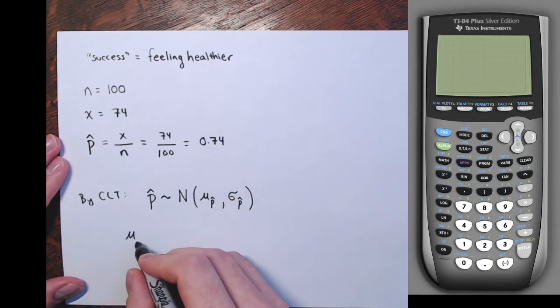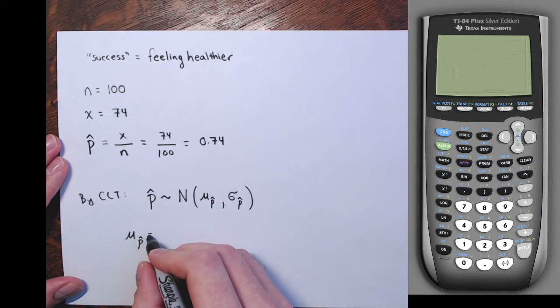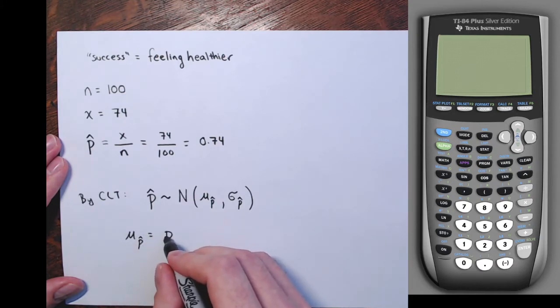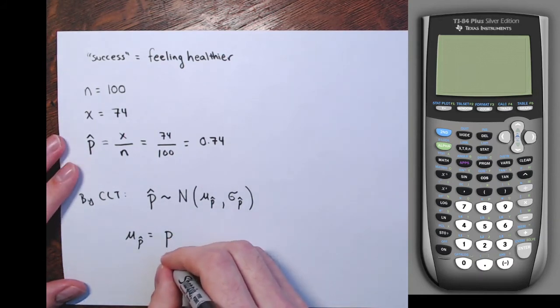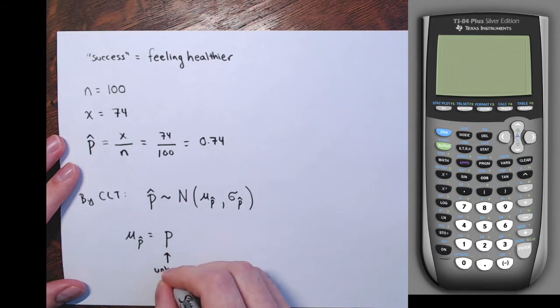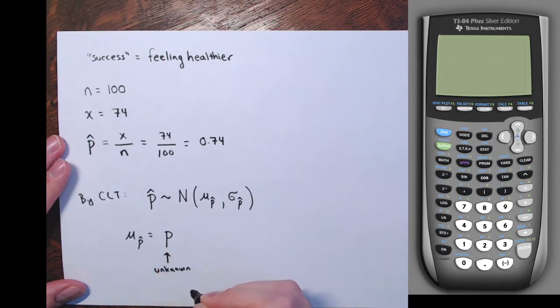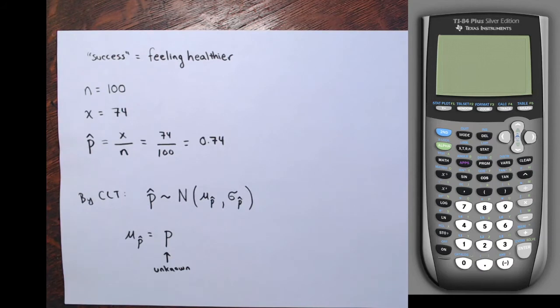where the mean of these p hats would just be the population proportion, p. But this is unknown. We don't know what proportion of the entire population of vegetarians feels healthier. We only know a sample.